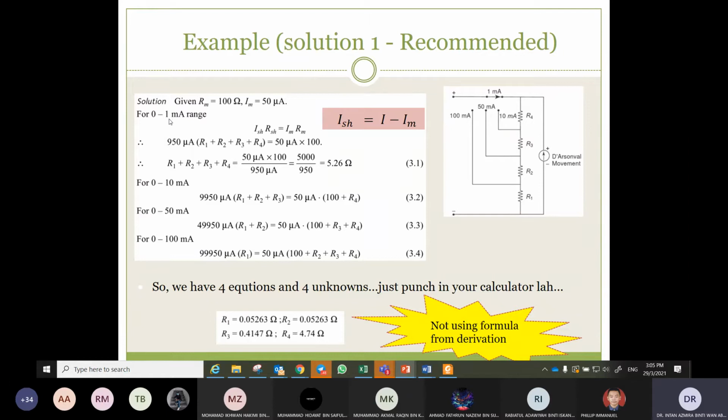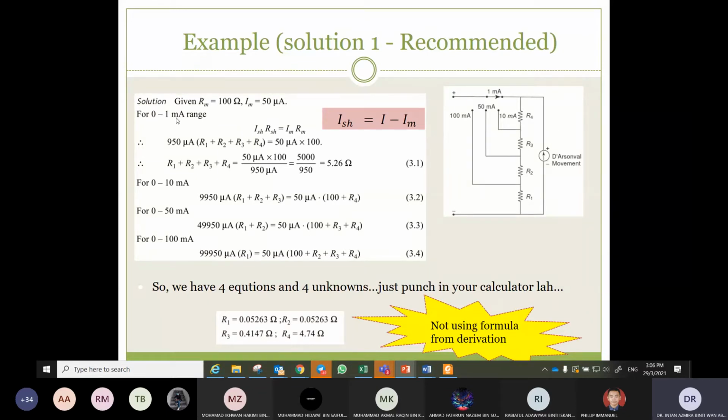For the 1 milliamp range, meaning that when the switch is tapped here, all resistors are connected in series and this path is connected in parallel with Rm. I shunt is always I minus Im, meaning that I shunt 1 is equal to I1 minus Im. So this is V shunt, and V shunt is equal to Vm.